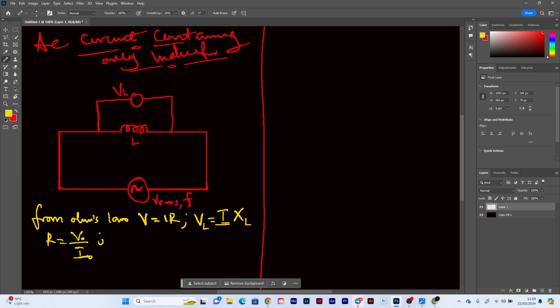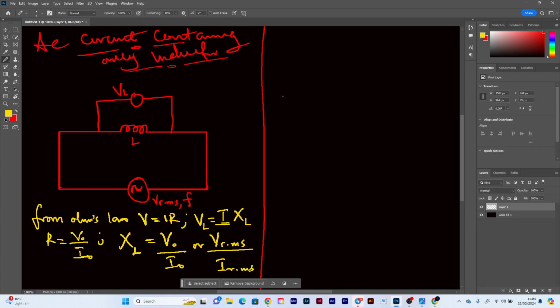If you relate it with this, you can have inductive reactance equal to V naught over I naught, or you can say it is V root mean square all over I root mean square. We have proved all of this before, right?